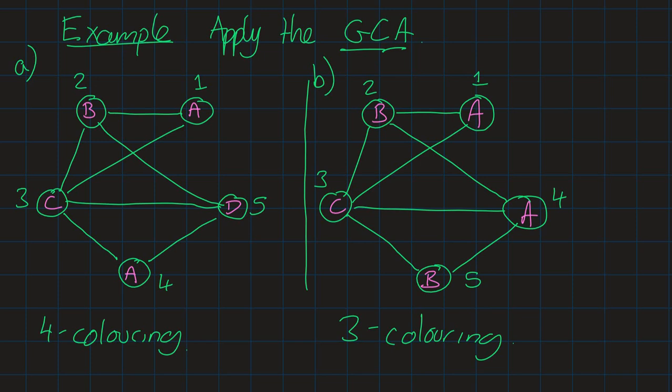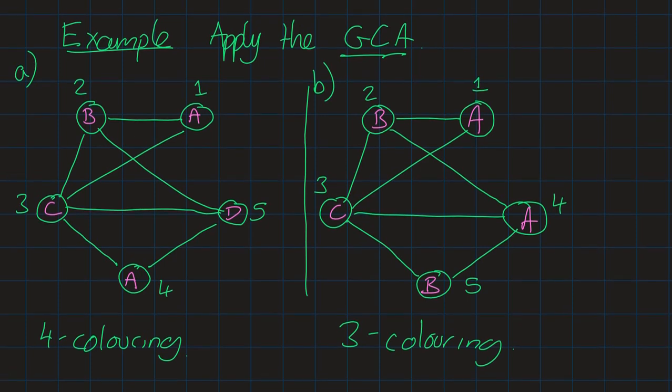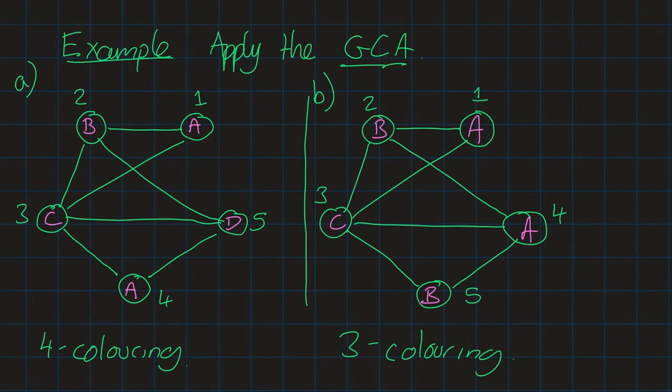I think a common mistake students make when answering these questions is that I tell them to apply the greedy coloring algorithm, but they think they can find a smarter, more efficient way of coloring it, and then they just find the most efficient way of coloring it, which is great.